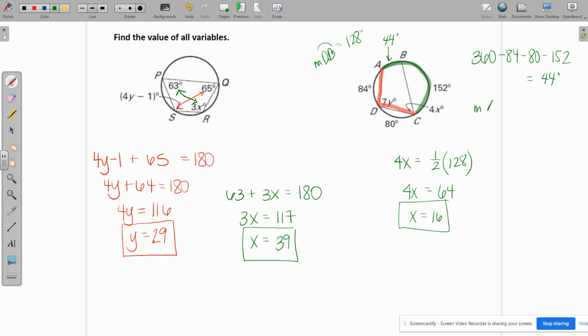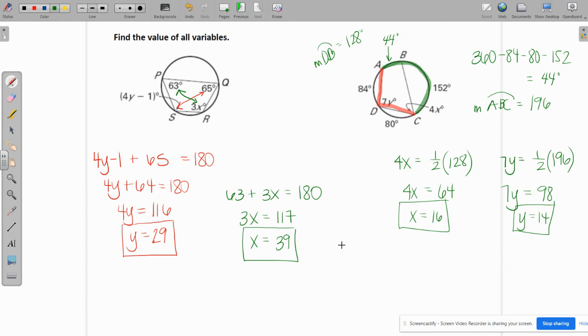So the measure of arc ABC is 44 plus 152. That's going to be 196 degrees. So that means that this angle, 7y, should be half of 196 degrees. So half of 196 degrees is 98. So 7y equals 98. If I divide both sides by 7, then that means y equals 14.